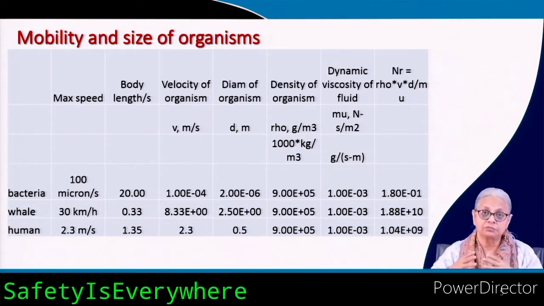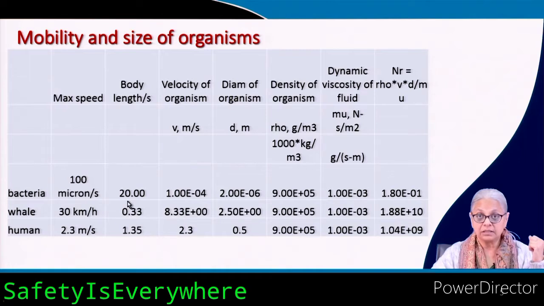It's much faster than a whale or a human being, and we normally think about whales as being able to move very fast in water. So you can get a sense of comparison here. You can convert it into velocities. Now if you just put it in terms of meters per second, it's not much. Obviously they're very tiny organisms and they're not even visible to the eye, so it's not much in terms of meters per second.